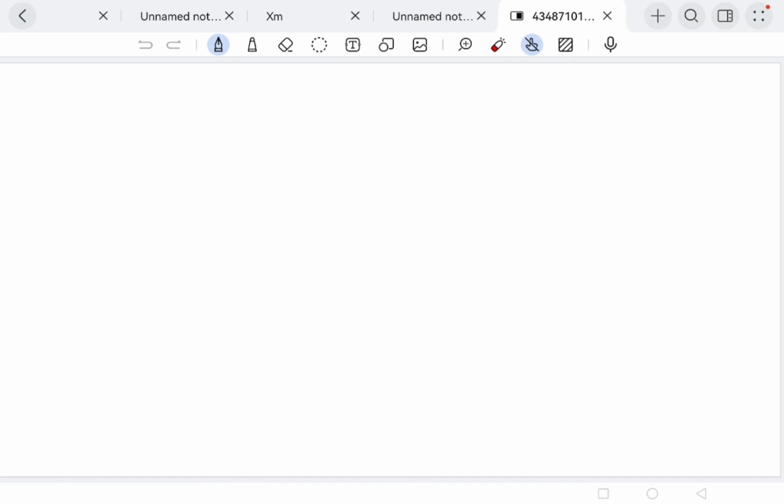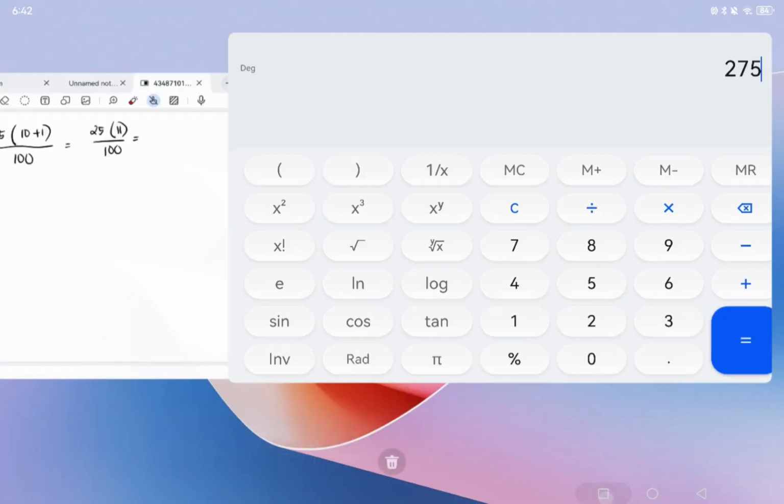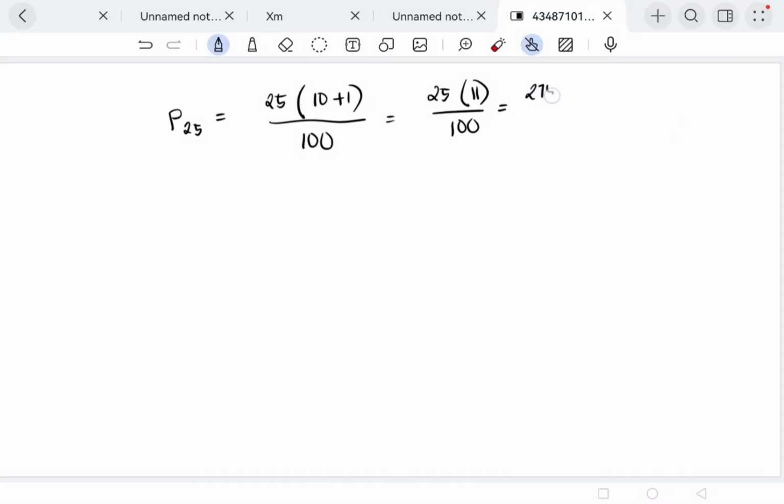Let us have another example. We will find P sub 25, or the 25th percentile. So our k is 25 times our n, which is 10, plus 1, divided by 100. So that is 25 times 11 over 100. So 25 times 11 is 275, divided by 100, that is 2.75.